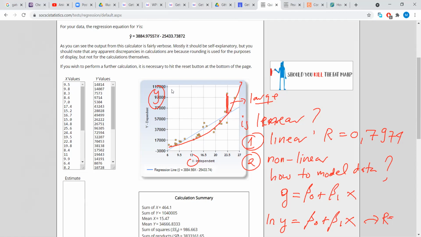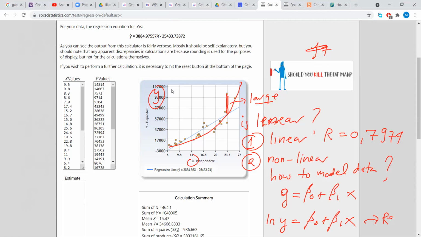Okay. And then can we consider a non-linear model?